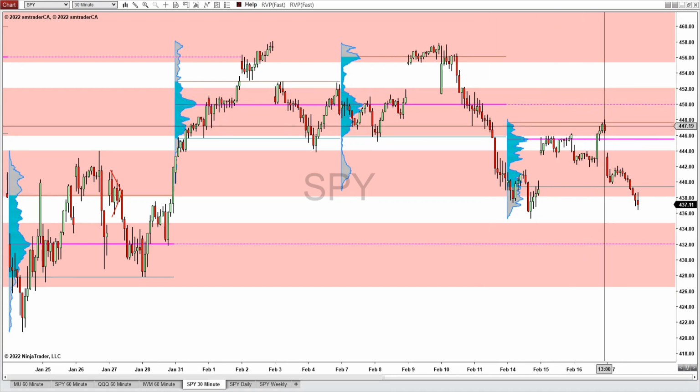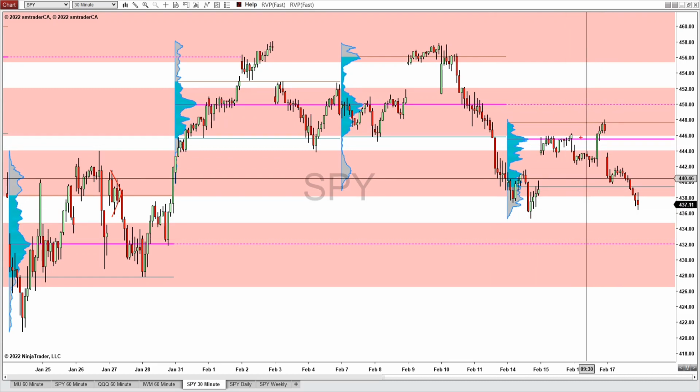Yesterday the price came up to this high, this week's developing value area high, but never got up to this 450 level, last week's point of control. Today it just gave up and cut right back down inside of this zone, and right now it's retracing back to the other side of this zone.